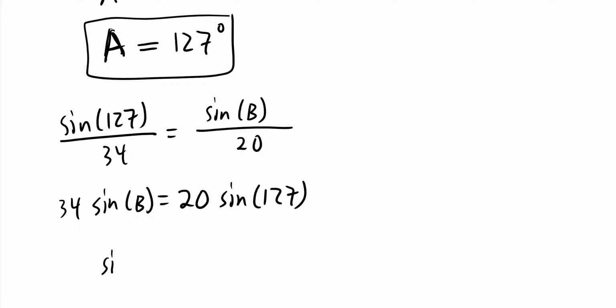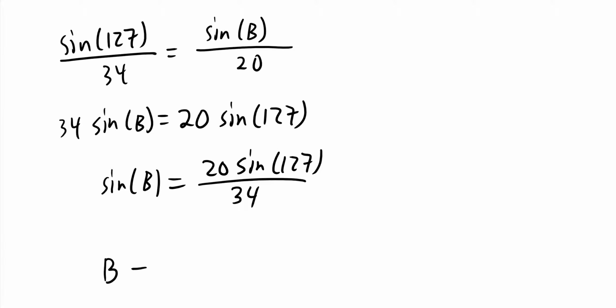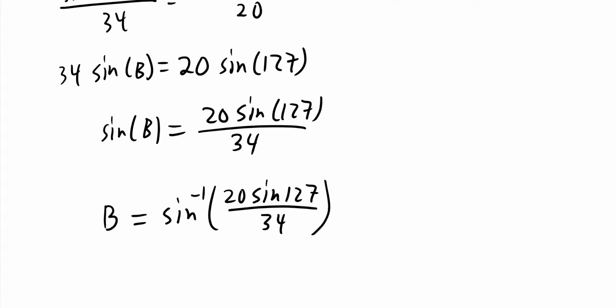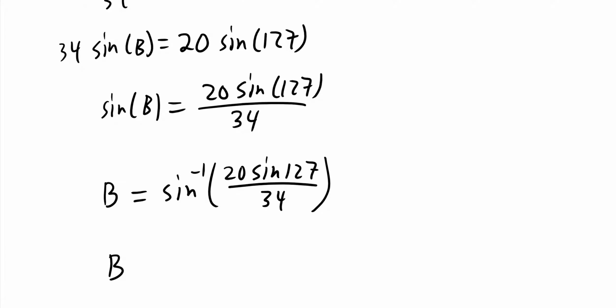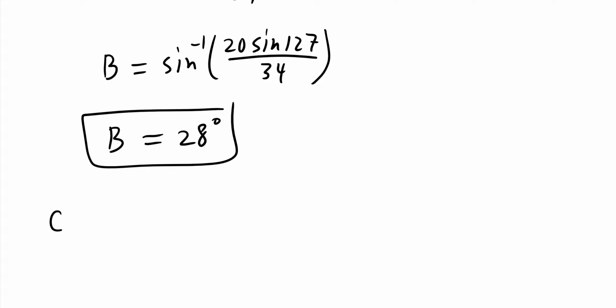Then divide both sides by 34, so 20 sine 127 divided by 34. So B is sine inverse of 20 sine 127 over 34. And what does that give us? Angle B is 28 degrees. That's what B is. Now, how do I find C? The easiest way, C is 180 minus A plus B.